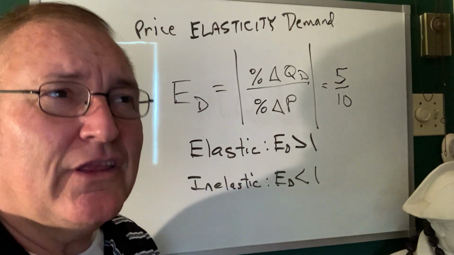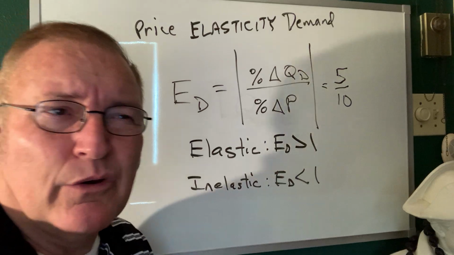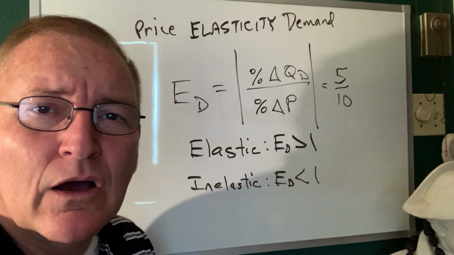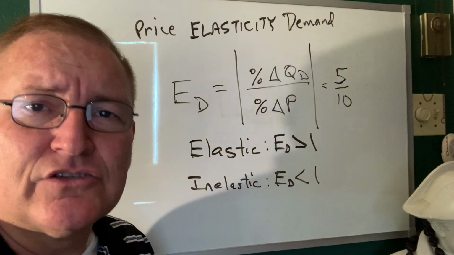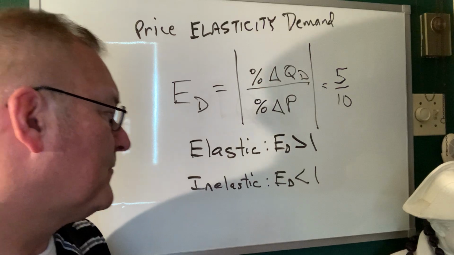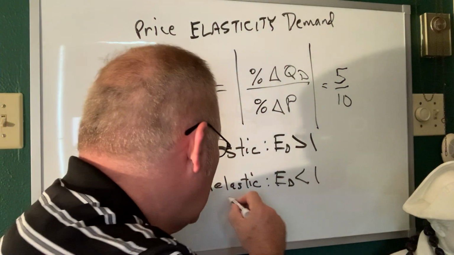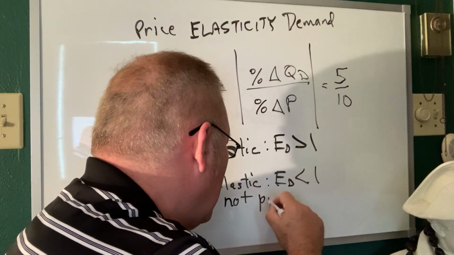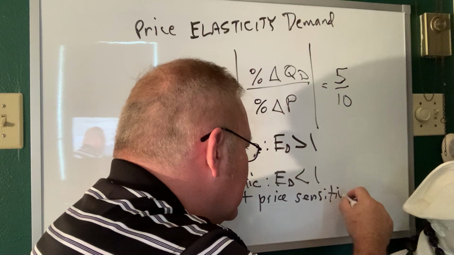To really understand it even better, you have to think about price sensitivity. Especially in marketing, we think about things like price sensitivity. How sensitive are consumers to a change in price? If you're inelastic, then you're not price sensitive.